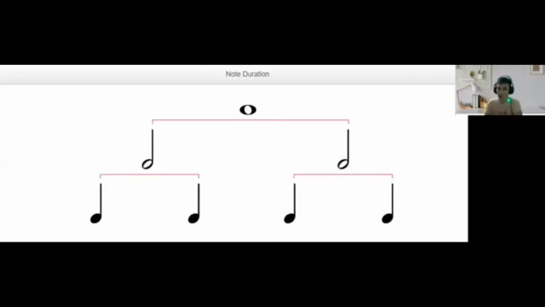Basically, 4 quarter notes occupy the same amount of time as 1 whole note, since they just play 1 beat per note. So 2 quarter notes equal 1 half note duration. So 4 quarter notes occupy the same amount of time as 1 whole note.